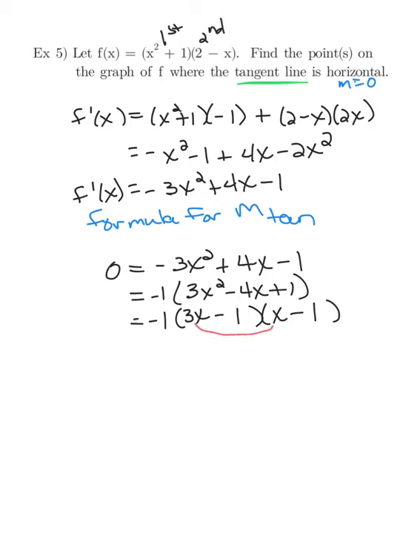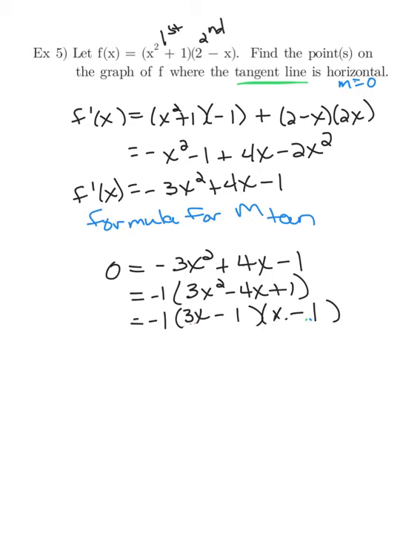Here's 3x squared, minus 3x minus 1x gives me minus 4x, and then negative 1 and negative 1 gives me plus 1. So we know that we did factor correctly.